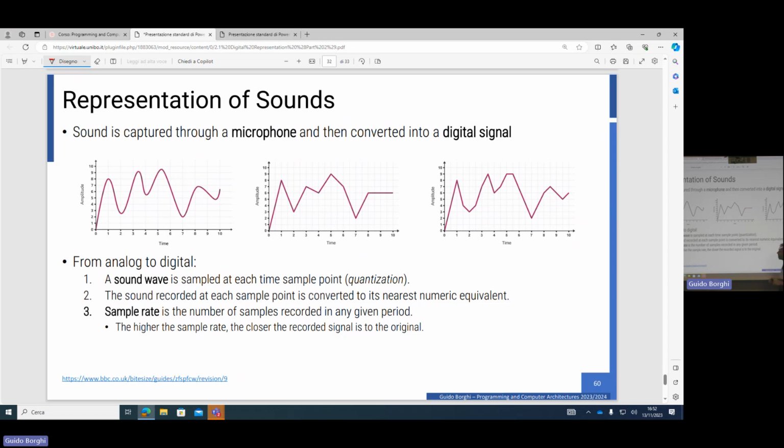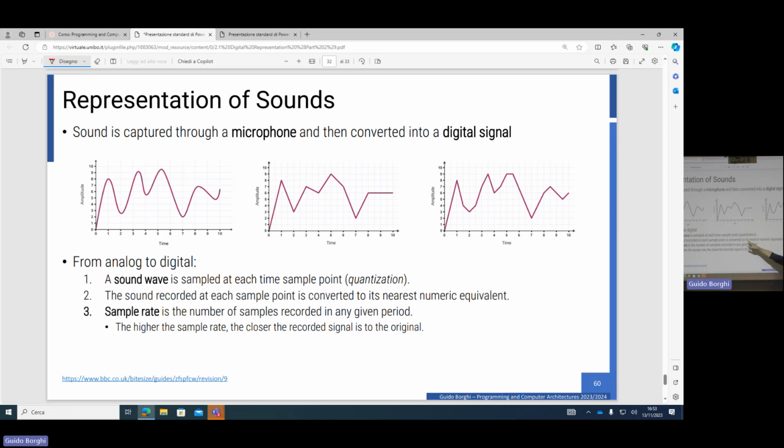In this case, the sound captured through a microphone is captured in an analog way, so we need to pass from the analog world to the digital world. How is it possible to do that?